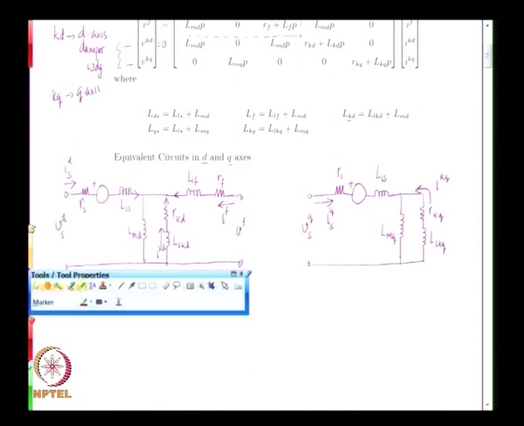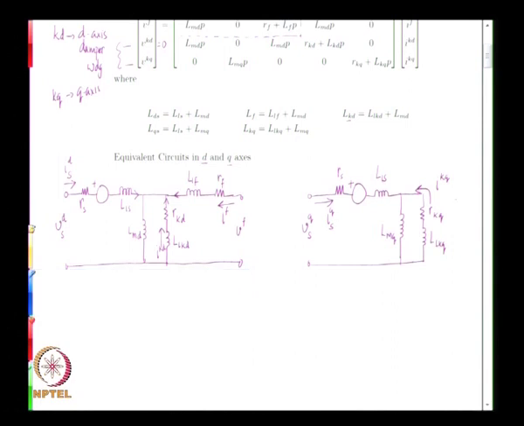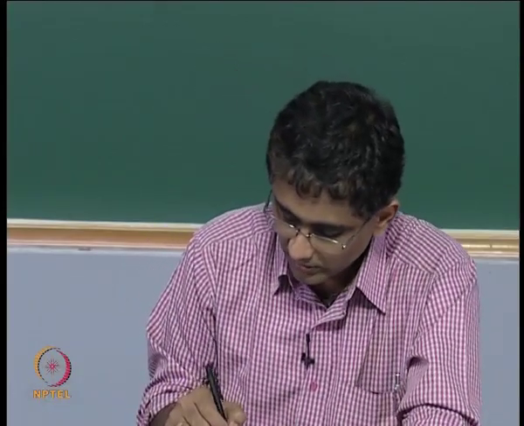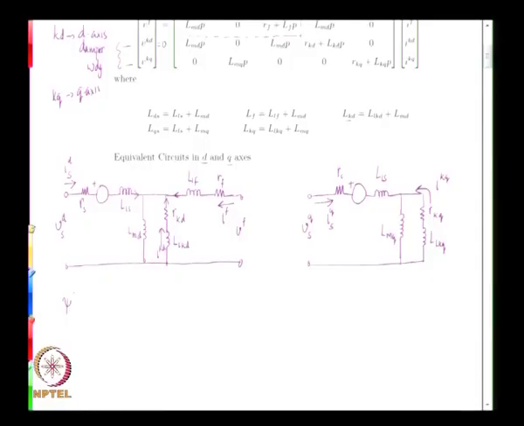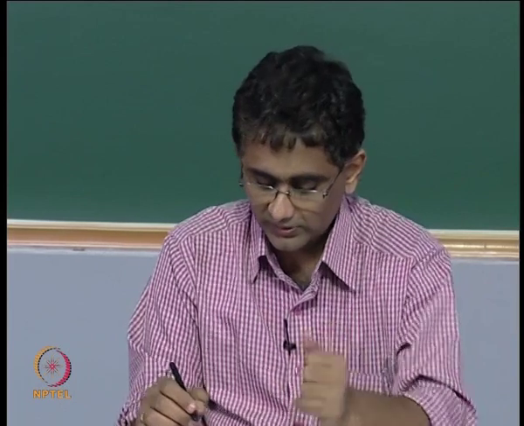Now, what we can do is similar to the definition of flux linkages that we have been writing down for the induction machine along the D and Q axis. One can write now psi ds, this is the stator flux linkage along the D axis.